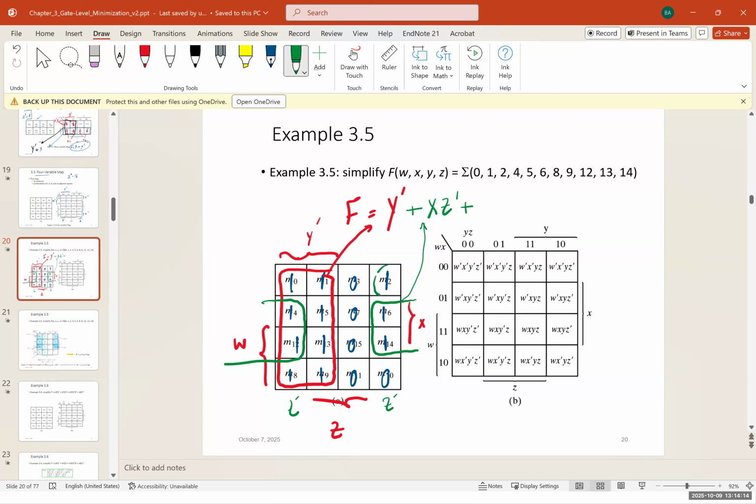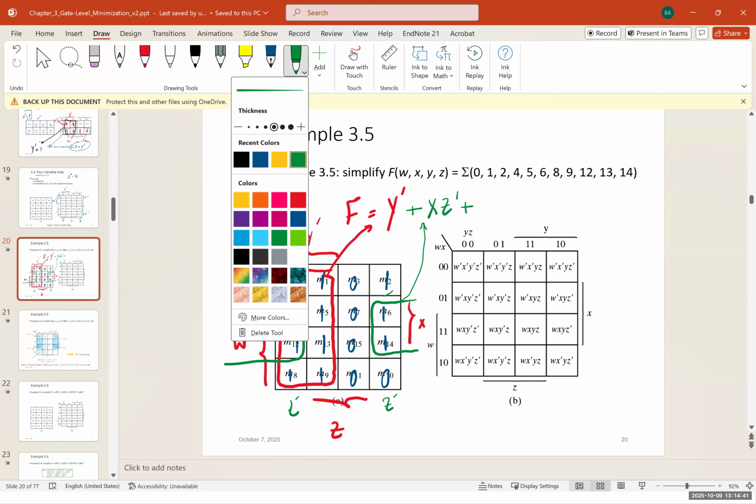We have one left. Okay, I can write it as w prime, x prime, y z prime, but that's going to be inefficient. We're going to add a lot of gates to it. So the best thing to do is actually to combine it. I can combine this with this, so I have a pair of 2, but a better option even is, let me do another color.